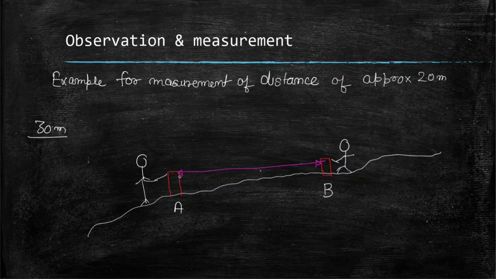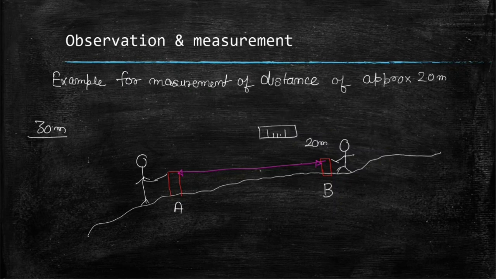The two observers stretch the tape between points A and B. One observer has set his tape at the 20-meter graduation.